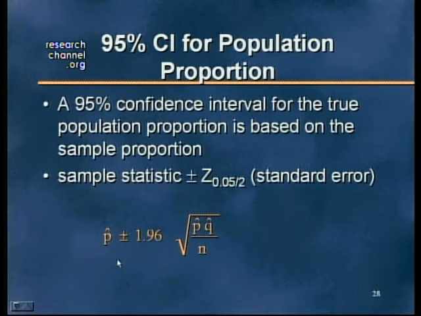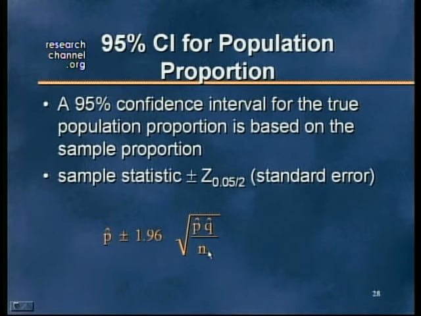So again, we would take the sample statistic. Now it's the sample proportion that I'm labeling as p hat. The hat means it's an estimate based on the sample, plus or minus the z that I get of 1.96 that corresponds to an alpha of 0.05 split in 2 tails times the standard error that's defined as the square root of p hat q hat over n.